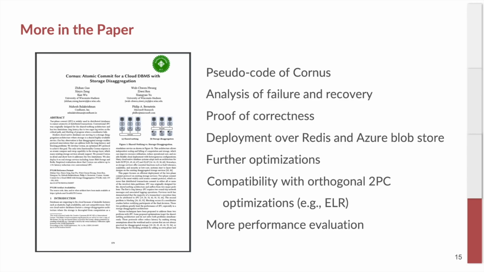We also provide further optimizations that can be done on Cornice, and how it is compatible with other orthogonal two-phase commit optimizations, such as early lock release. We also provide more performance evaluation against the baseline 2PC and other related works.